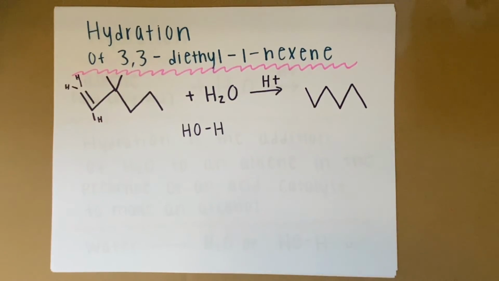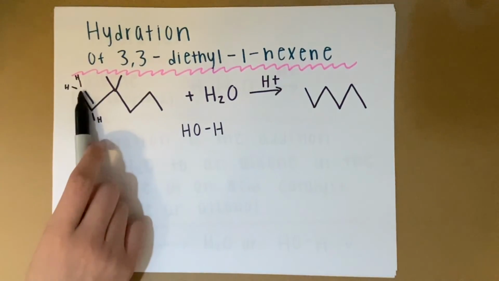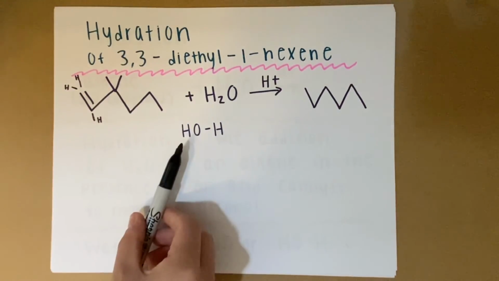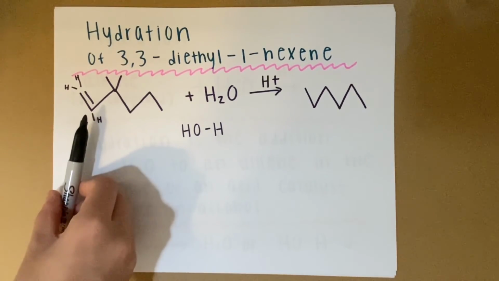After this explanation, we see that the H is going to the side with more hydrogens, so in this case, the hydrogen is going to go to the first carbon. Because of this, we know that the OH is going to the side with the least amount of hydrogen, which is the other side, so the OH is going to go to the second carbon.